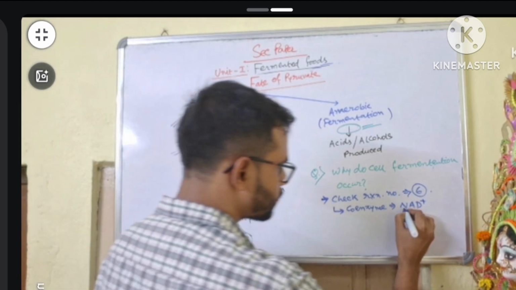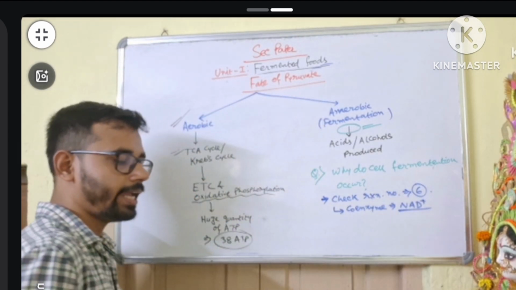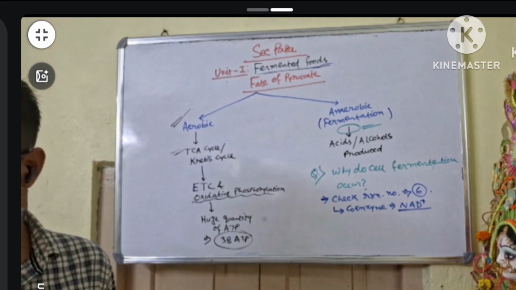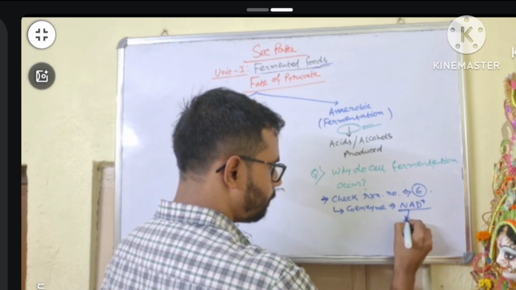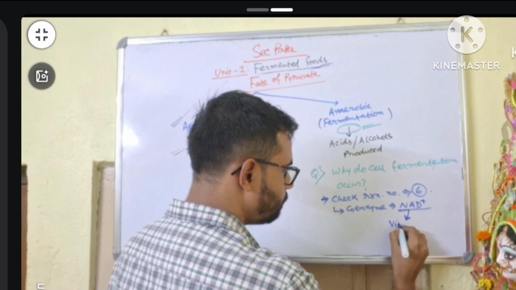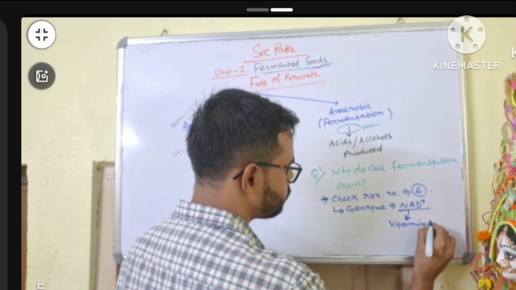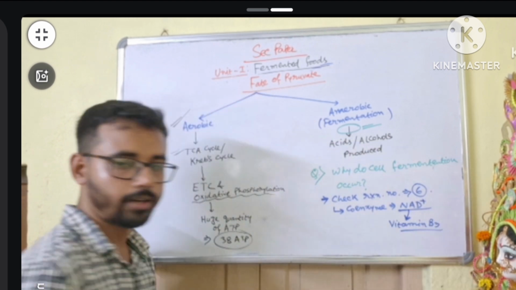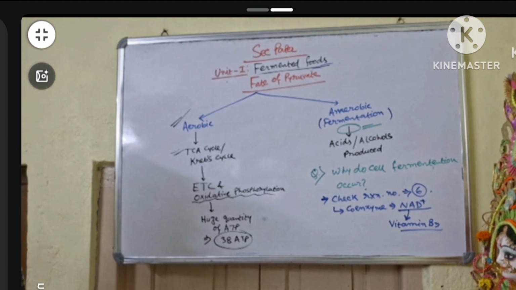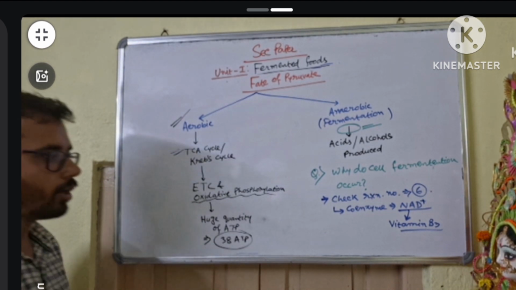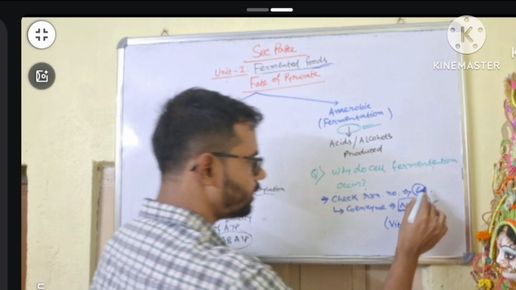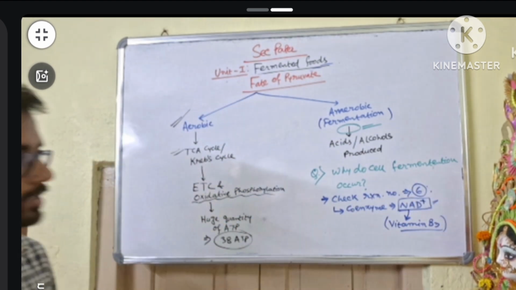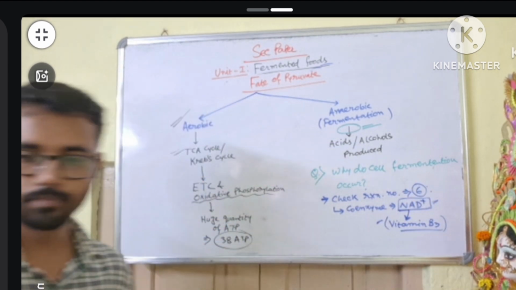Do you know the full name of NAD plus? Nicotinamide adenine dinucleotide. NAD plus actually comes from vitamin B3. So NAD plus is an important molecule in reaction number 6, and it comes from vitamin B3.